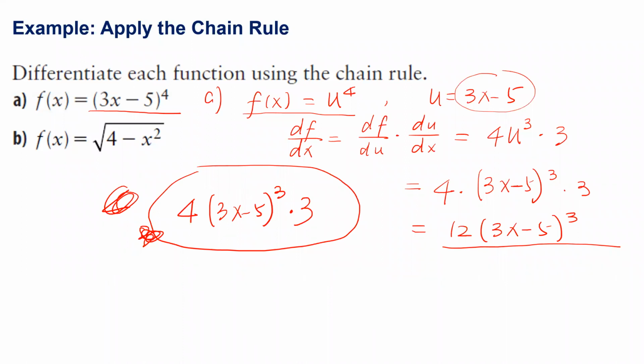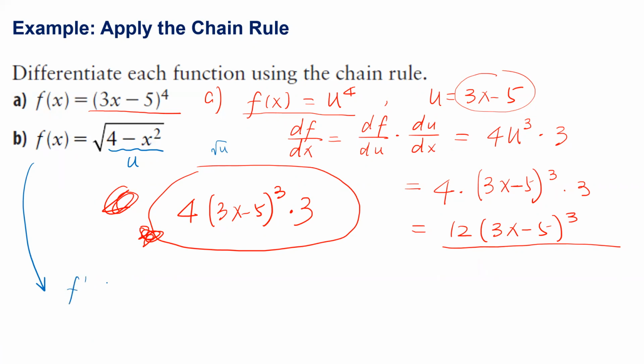Okay, have you finished? Okay, let's try to write the derivative of f(x) with respect to x here. So here, note we can treat this function as u equals 4 minus x squared, right? So the outer function is f(x) equals square root of u, right? The inner function is u equals 4 minus x squared.